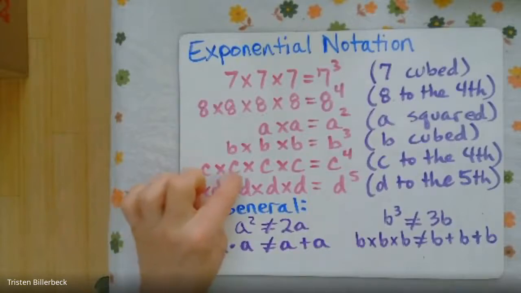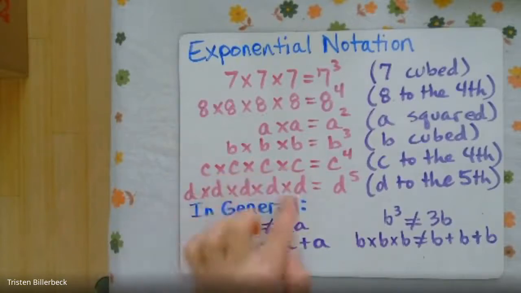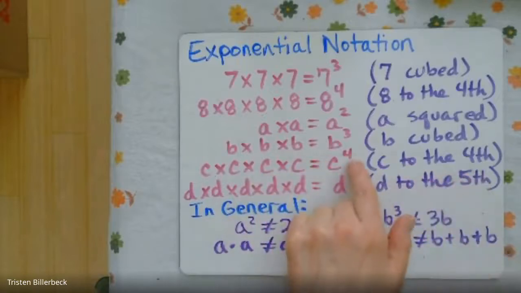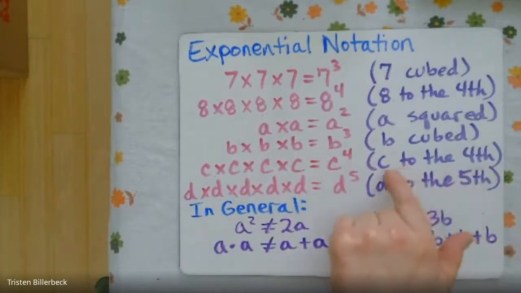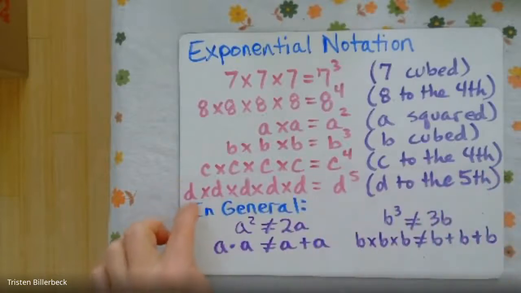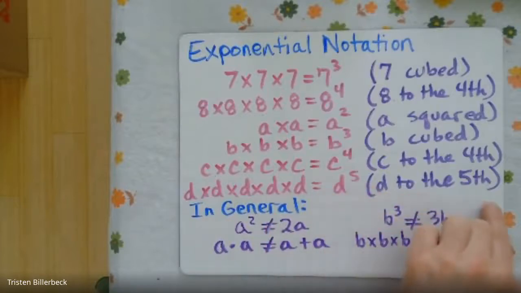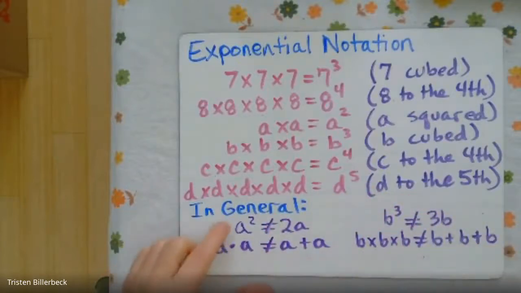Then if we have c times c times c times c, there's 4 c's, so we write c to the fourth. So as soon as we change to 4, then we write to the fourth. And the same if we had 5 d's multiplying here, it'd be d to the fifth. So in general, a squared does not equal 2a.